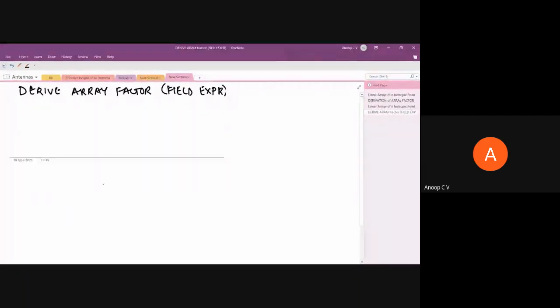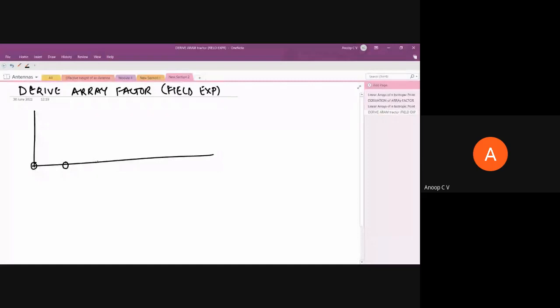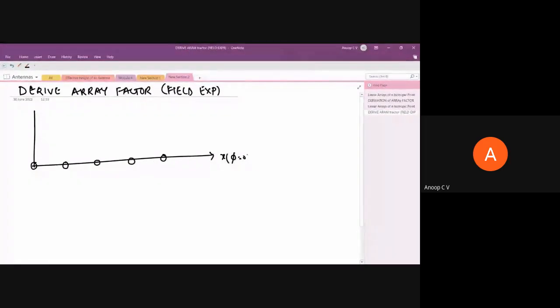The field expression we are going to derive. So this is the y-axis, this is the x-axis. My sources are kept along the x-axis, or phi equal to 0, right?